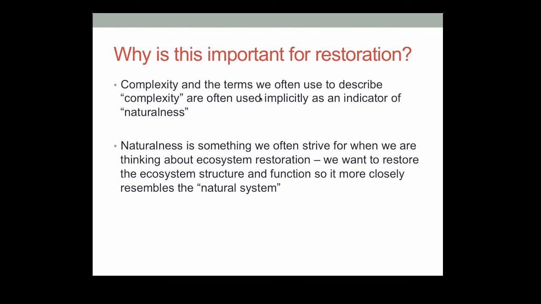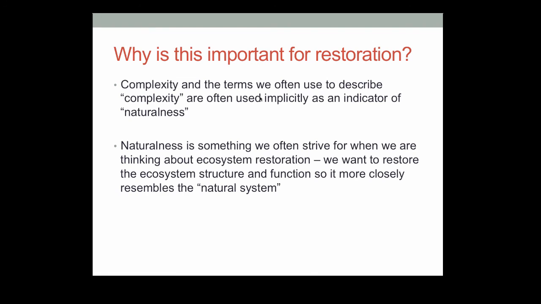And so this really begs then the question why this is really important for restoration, and why should we be really focused here on understanding a little bit about complexity as we move forward. And so I guess one important point to make here is that when we think about complexity and the terms that we often use to describe complexity, we may be using these to implicitly indicate complexity as an indicator of how natural the system is, or an indicator of naturalness you'll often see in the scientific literature.